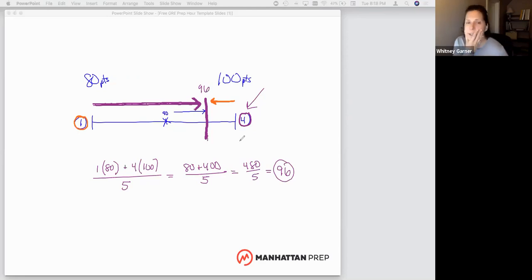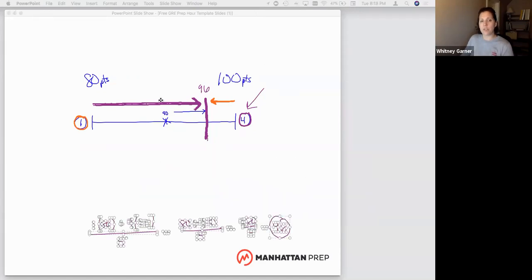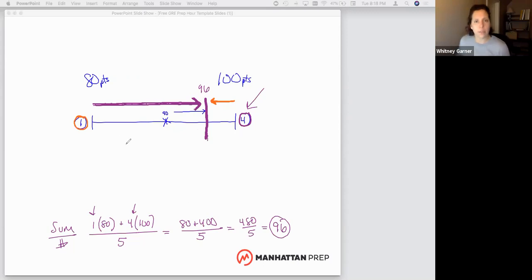But I want you to notice something. Okay, so we know the math works, we plugged it in. So if we count this purple arrow as the work that our bigger team, the one person on this end and the 5 people on this end, for my sum, because my total, sum divided by the total number, would be these guys. So now I want you to notice something.